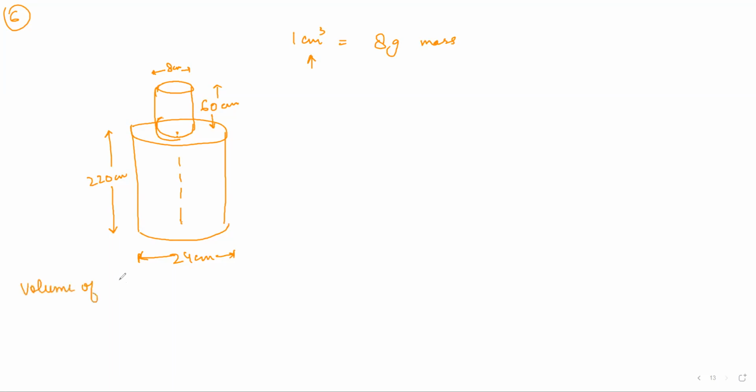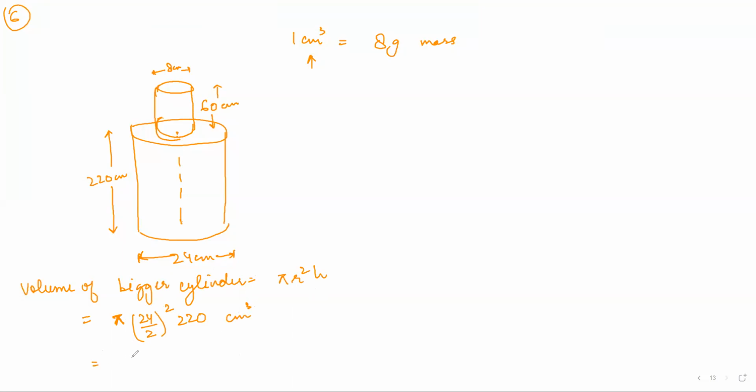So volume of bigger cylinder. What is the formula? Pi r square h, right? Yes, ma'am. Okay. Leave pi like this; we can add it after. R will be 24 by 2, divided, whole square, into height 220 centimeter. So this will be centimeter cube now, right?